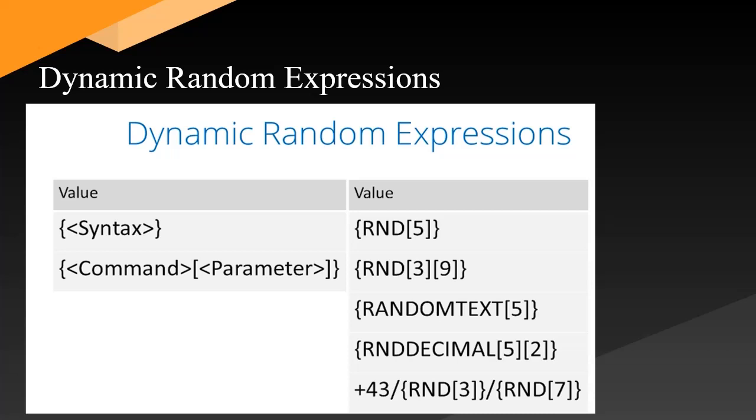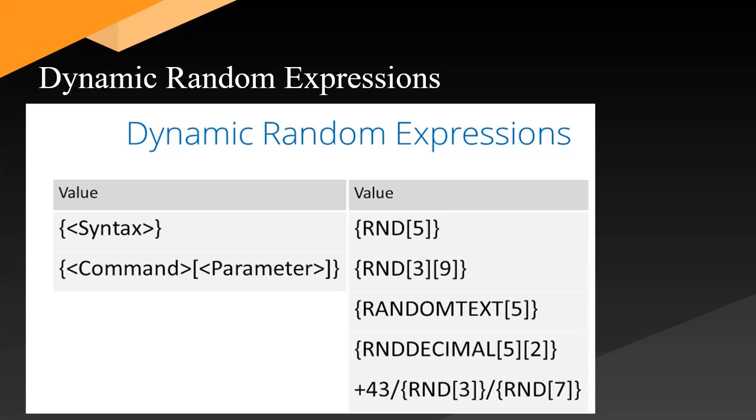Okay, and in the next one there is a random command called RND, and the first parameter is 3 and the second parameter is 9. That means it's going to create a random value between 3 and 9. To create a random text, you use a command called RNDTEXT in capital letters and provide the text length.